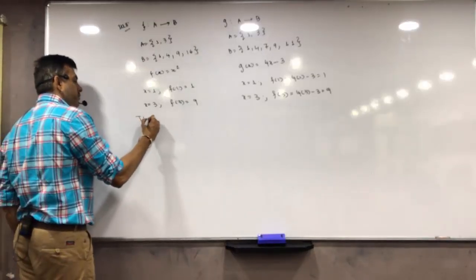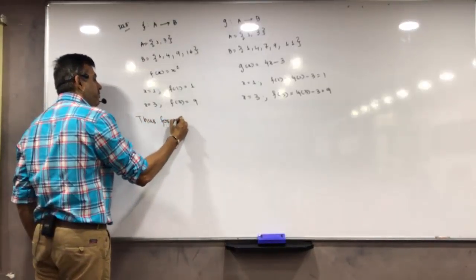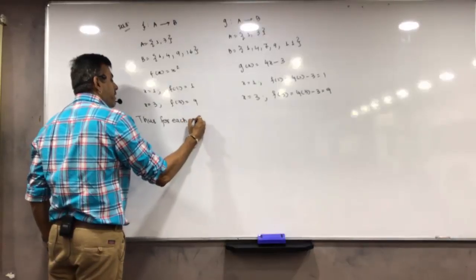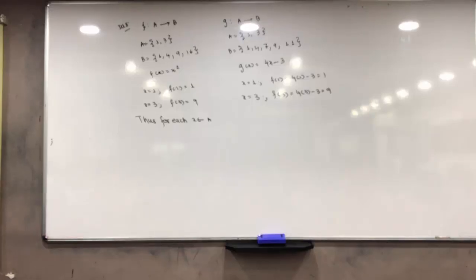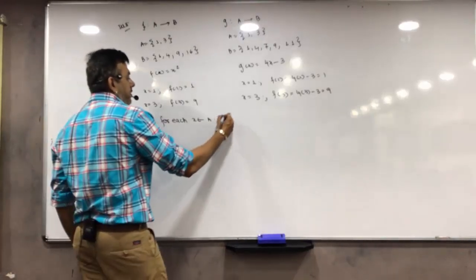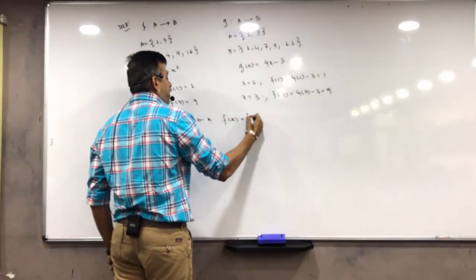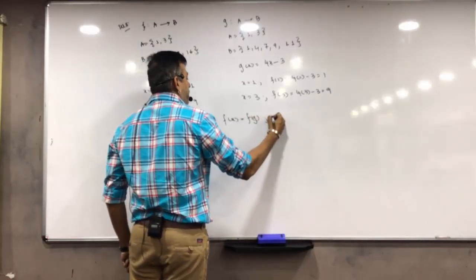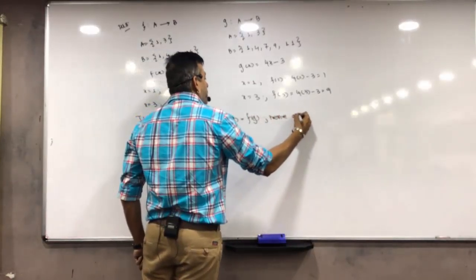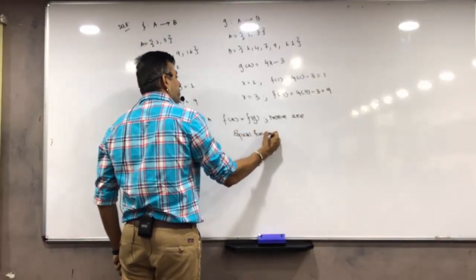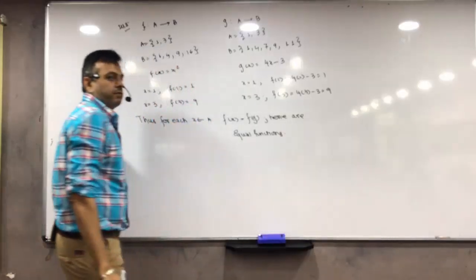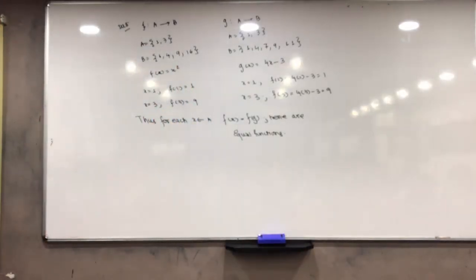Thus, for each x belongs to A, f of x is equal to g of x. Hence, they are equal functions. Only the function is changing, but the domain and codomain remain the same.